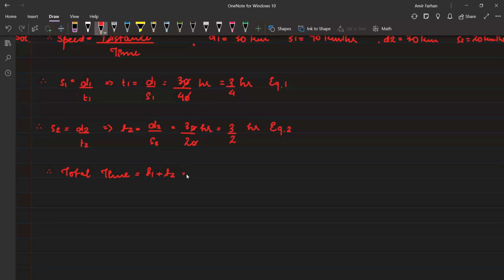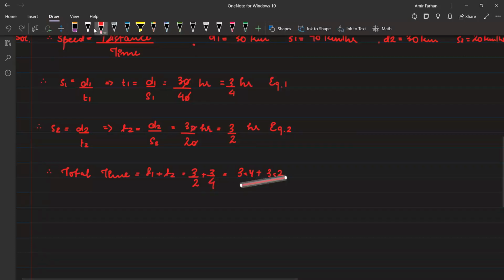So this would be 3 by 2 plus 3 by 4, equals, take the LCM, or you can cross multiply them. So 3 fours are 3 into 4 plus 3 into 2 divided by 4 into 2.